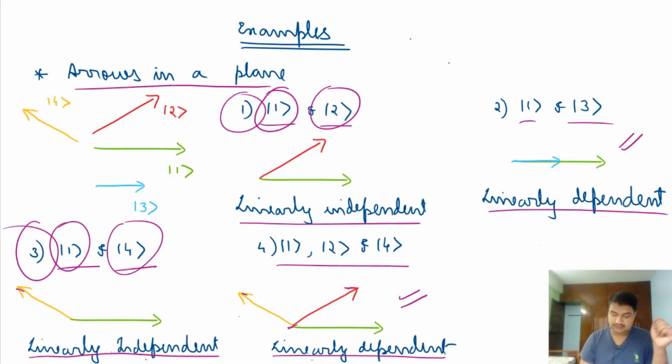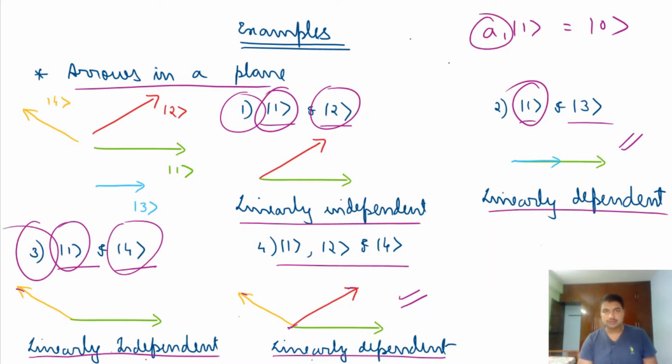But here these 2 vectors are linearly dependent. If you consider just one vector, it is a linearly independent vector, because then the equation would be just a1 times 1 equal to 0, and this is true only when a1 is equal to 0. So a single vector is linearly independent. But when we consider these 2 vectors, they become linearly dependent because we can express vector 3 as a multiple of vector 1.